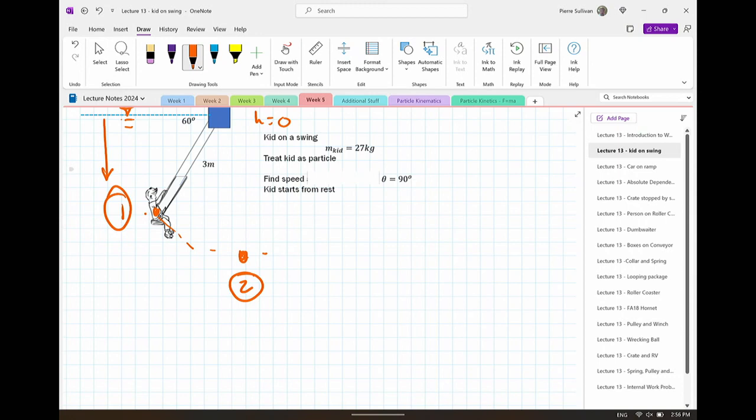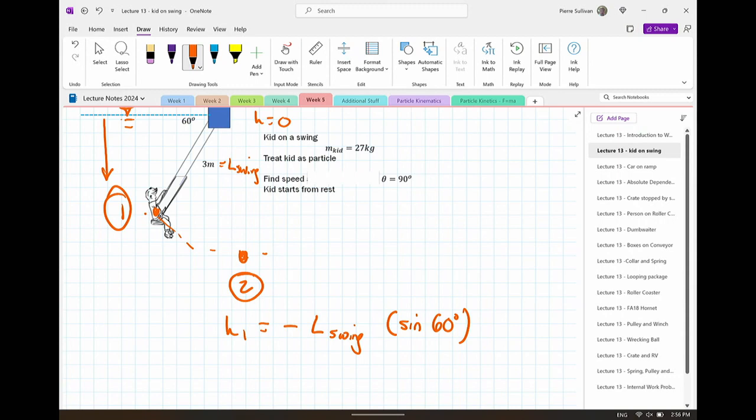So in this case, h1 is equal to minus length of the swing times sine of 60. So it is a distance below the datum.